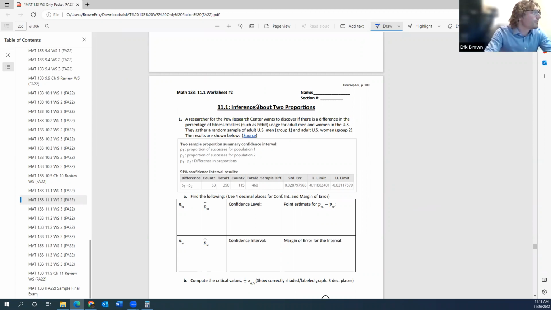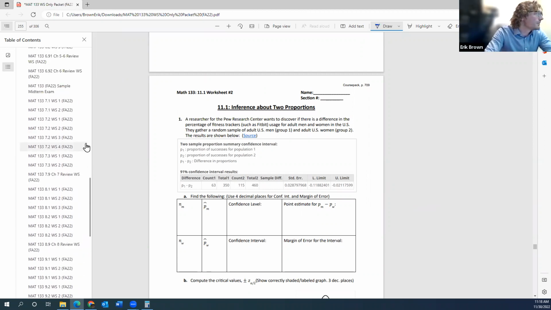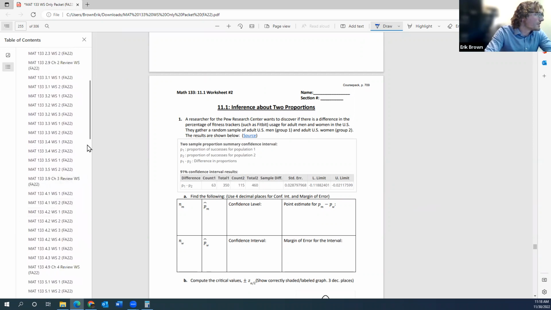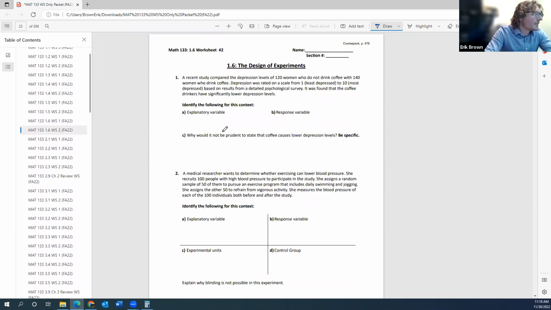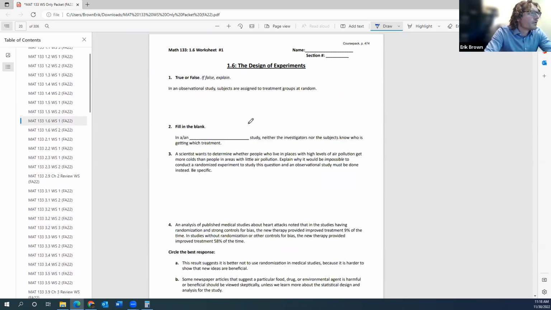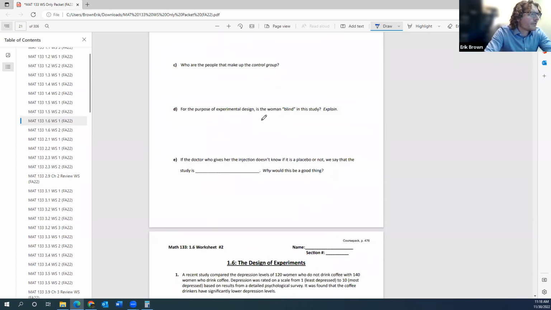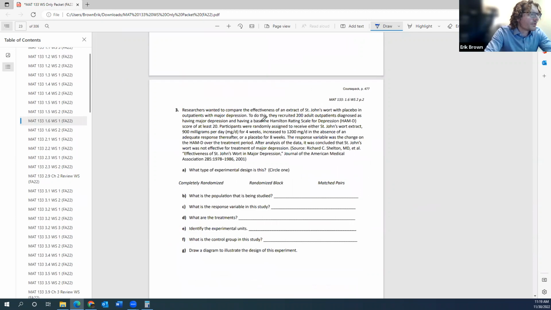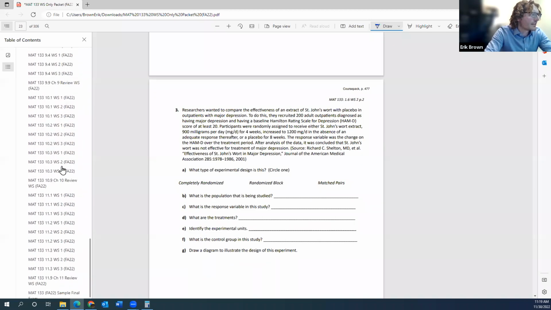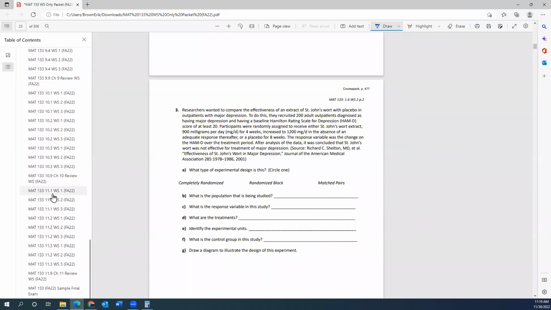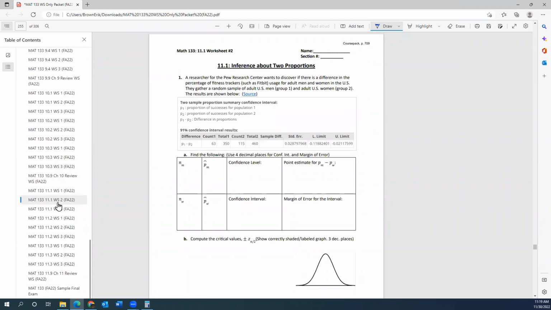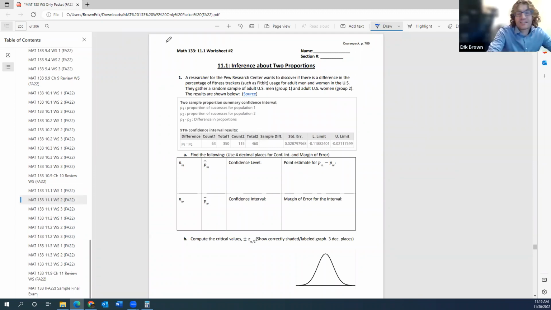And one of the things you looked at in 1.6, I'll jump to the 1.6 worksheet, is that you have to determine if you have 2 groups measured once or 1 group measured twice. Eric, just to let you know, we did not actually do the 1.6 notes, but we did talk about the 1 group, 2 groups when we did the 11.1 notes. Perfect. That's all we need.